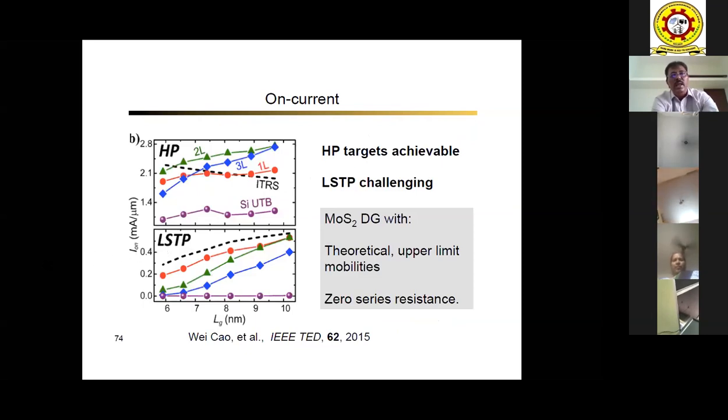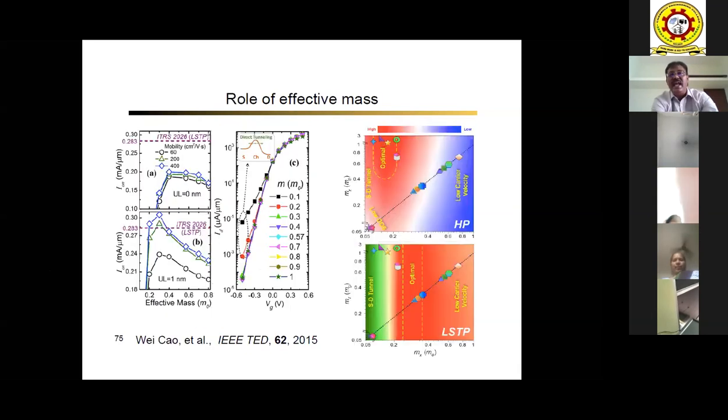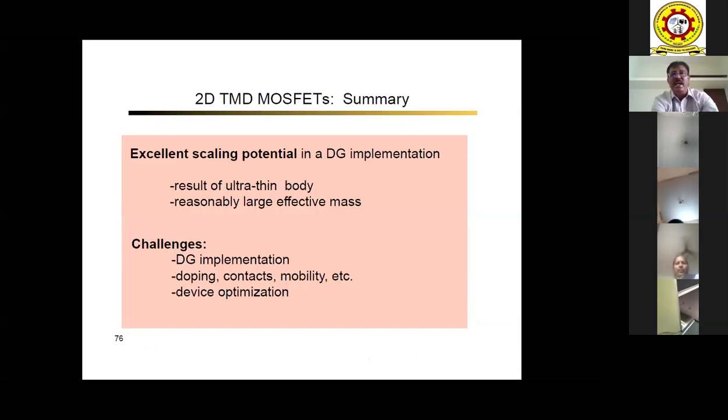And effective mass, as I said, the carrier movement is actually reflected in terms of the effective mass in quantum mechanical models. Okay, so this is an excellent alternate candidate if you are looking for research in this line. It results in an ultra thin body and reasonably large effective mass, thereby your mobility as well as your currents are higher.